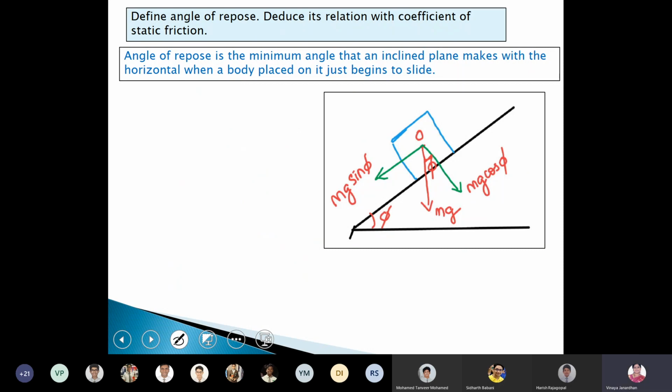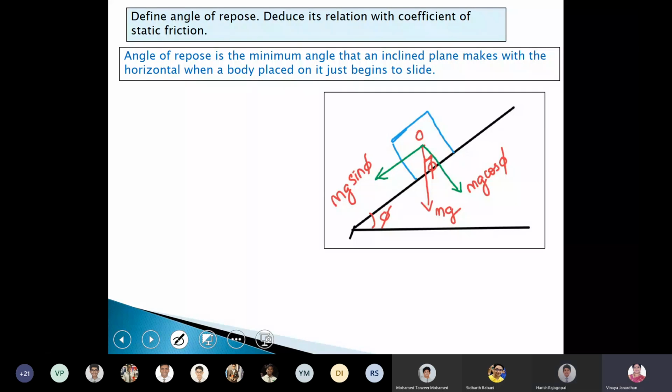You draw this first, then let us see how you are getting mg sin phi and mg cos phi. Should I explain how you are getting mg cos phi and mg sin phi? These two are the components.